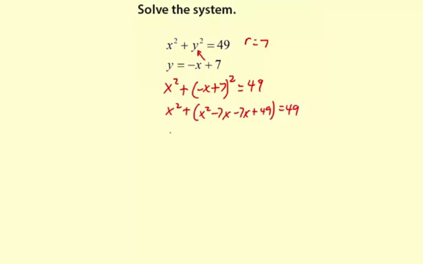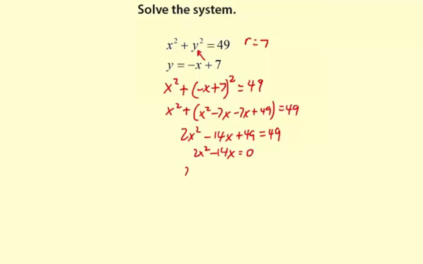So we'll simplify this. x squared plus x squared is 2x squared, and then negative 7x minus 7x is minus 14x total, and then plus 49 equals 49. Well, we can subtract 49 from both sides and get 2x squared minus 14x equals 0. And this is going to be very easy to solve from here.